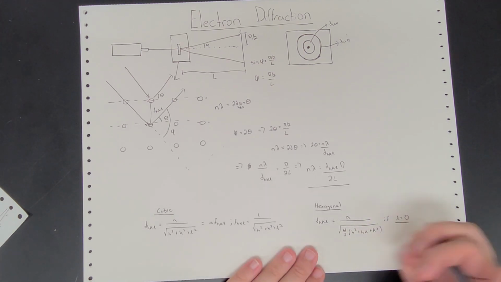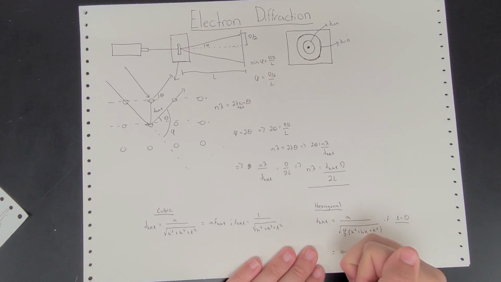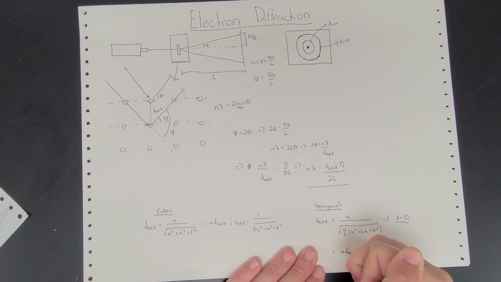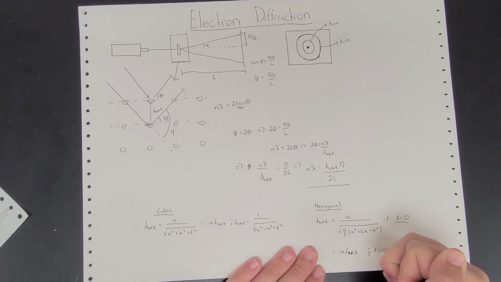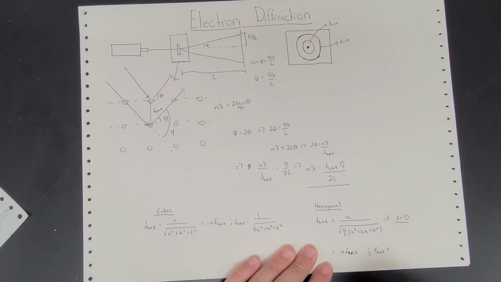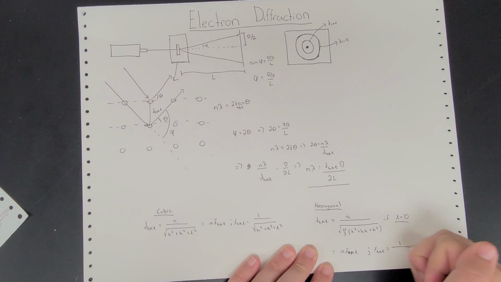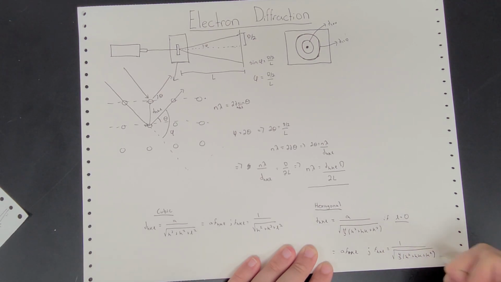We can simplify this into a times FHKL, where FHKL for the hexagonal structure is going to be equal to 1 over this denominator here. So we'll go ahead and rewrite it: h squared plus hk plus k squared.